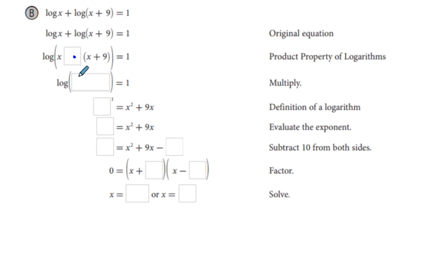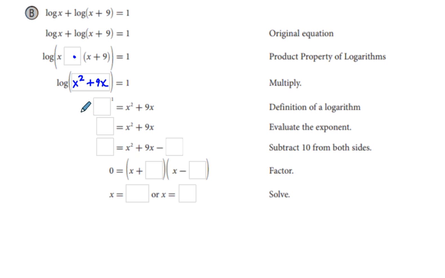And so what we have here is distributing. We have log of x squared plus 9x is equal to 1.